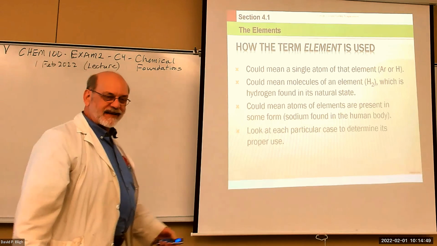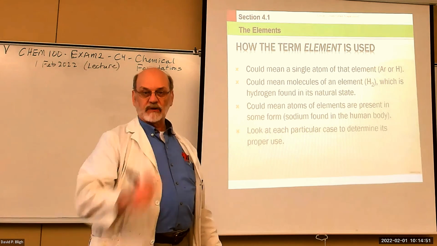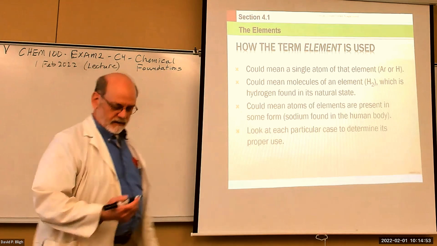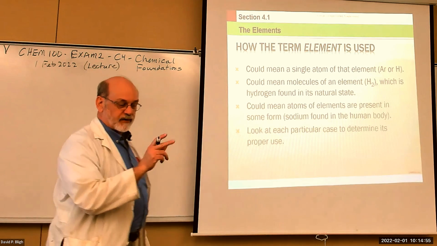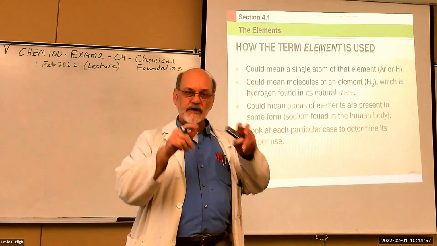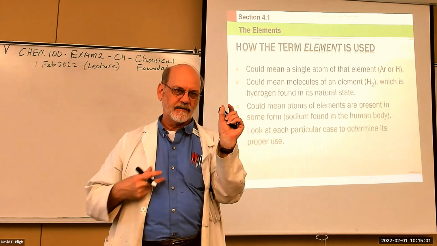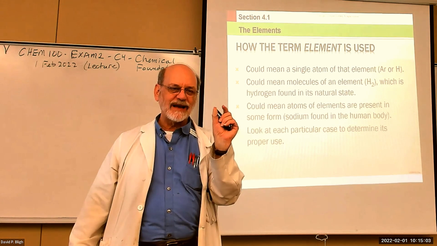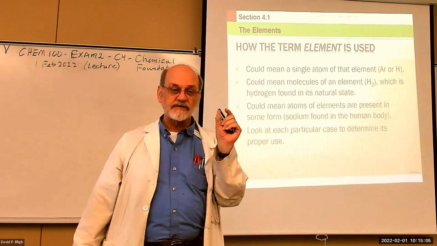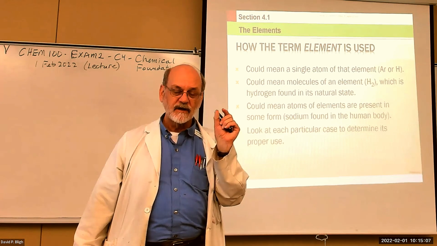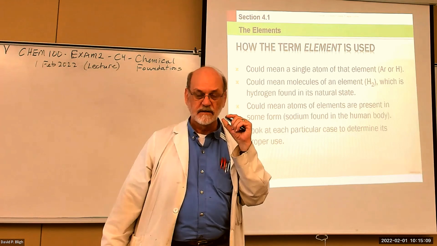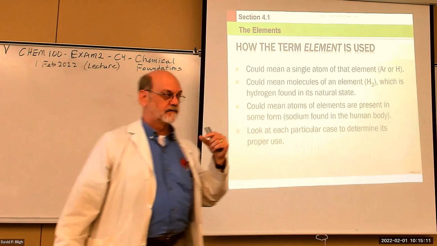Now, when we represent elements, we use the symbol for that element. And that periodic table that I gave you with the red boxes around it also has some blue highlights in there. Those blue highlights represent elements that are commonly found in combination of more than one atom.